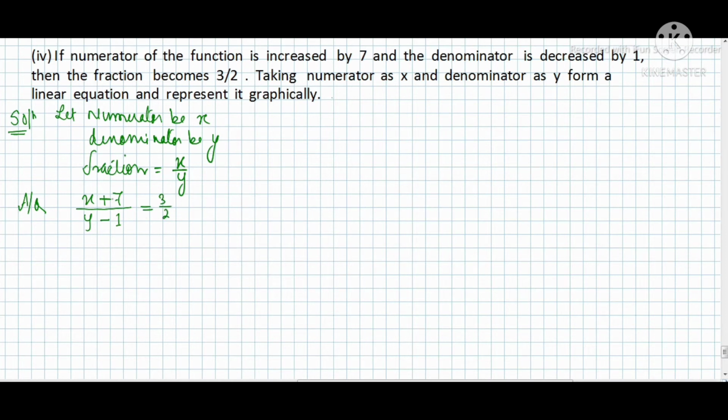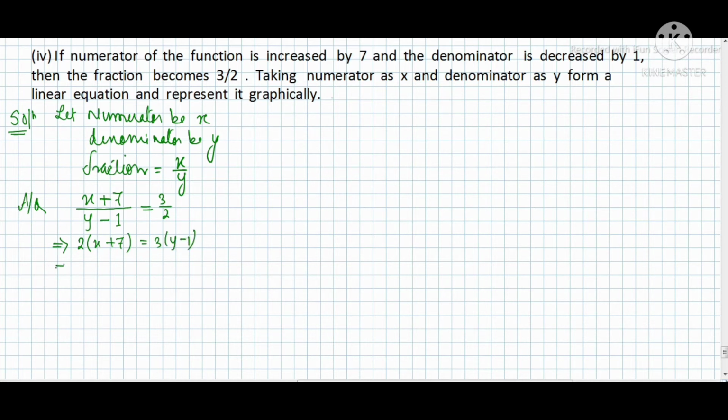Now you see it is a fraction, so I have to reduce this equation to a linear equation. In order to do this, I have to do cross multiplication. If I cross multiply, then it will be 2(x plus 7) is equal to 3(y minus 1).